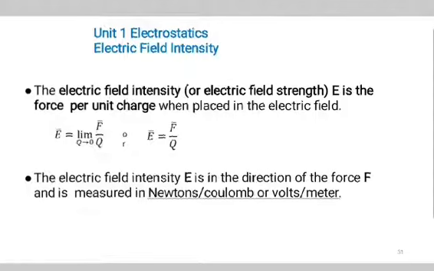So E is equal to F divided by Q. If we consider the point charge Q1, and the charge Q2 is placed within the electric field of charge Q1, then charge Q2 experiences a force, and it is given by F bar is equal to Q1 Q2 by 4 pi epsilon 0 r square. The electric field intensity at the position of Q2, by definition, is given by E bar equal to F bar by Q2.